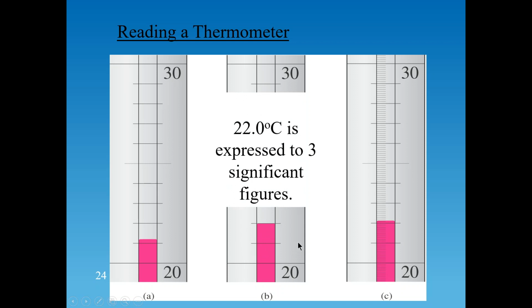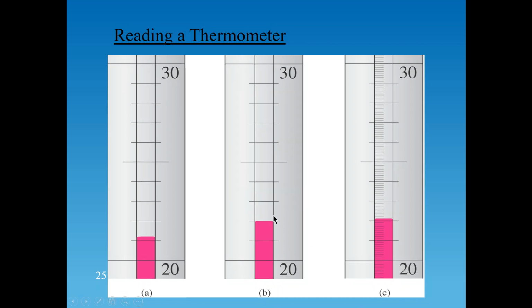Now, in the case of the third thermometer, in addition to the divisions that we saw in the previous 2 examples, you have some smaller divisions between the unit values. So, for example, this represents 21, this represents 22, and so on, but you have smaller divisions here. That makes for better measuring in terms of increased precision.